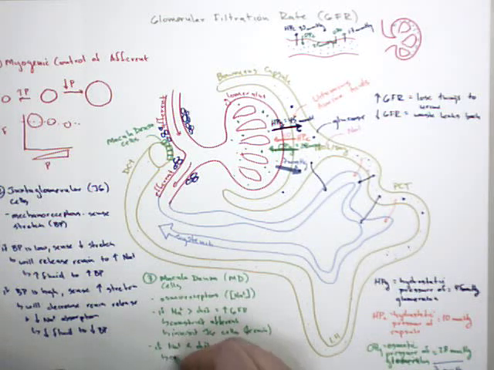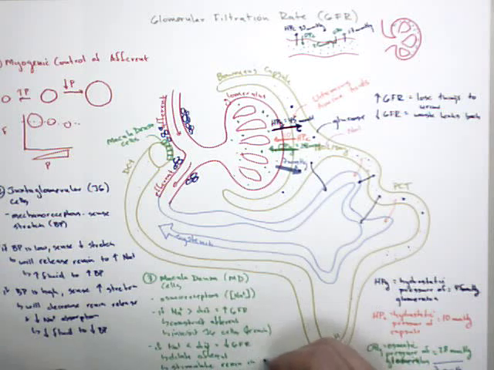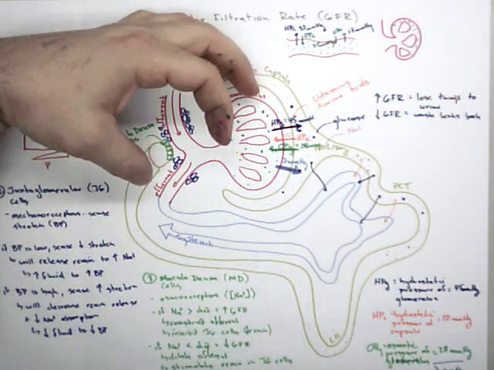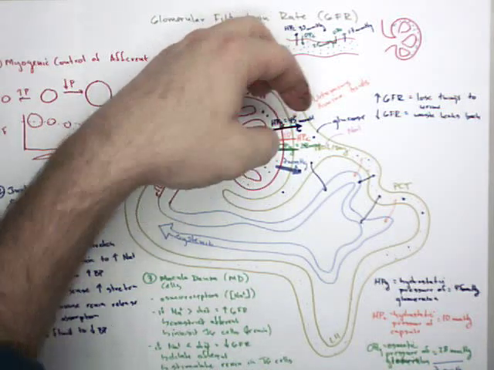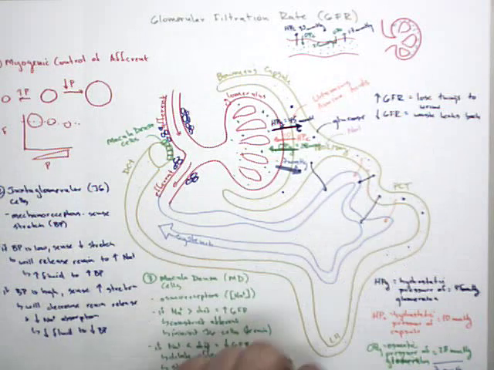We can do that by dilating the afferents and stimulating renin in JG cells. So you dilate the afferents, you get lots more fluid coming in, you make higher amounts of filtrate, and you speed everything up.